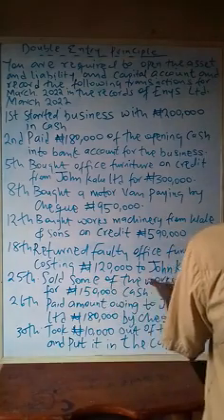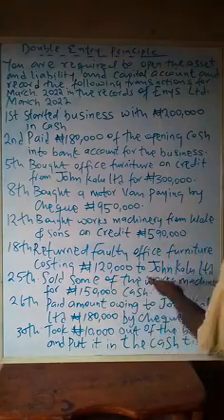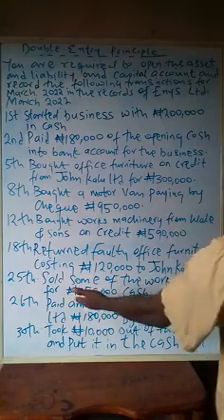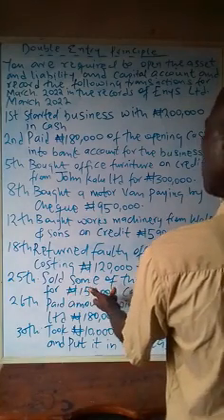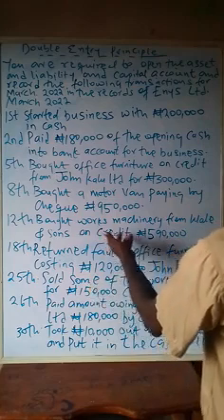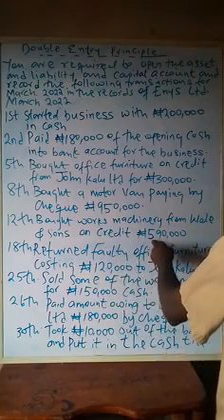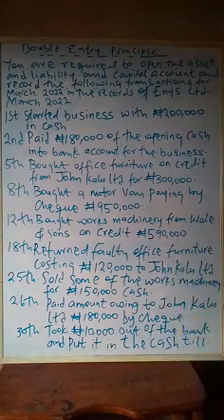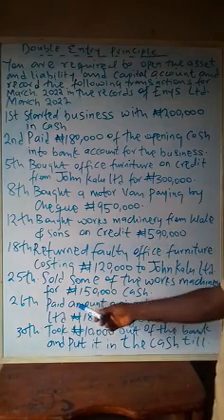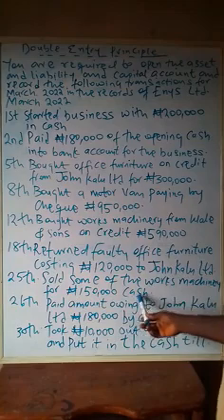Some of the works machinery that was bought for 590,000 naira, part of it was sold for 150,000 naira in cash.